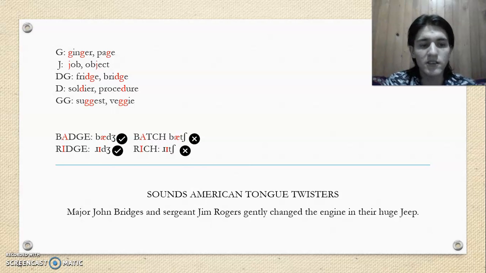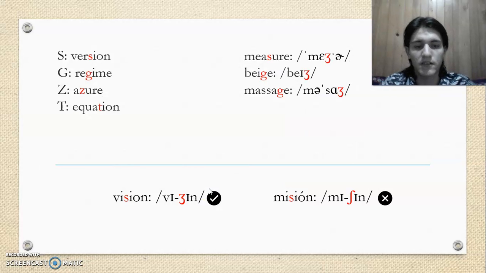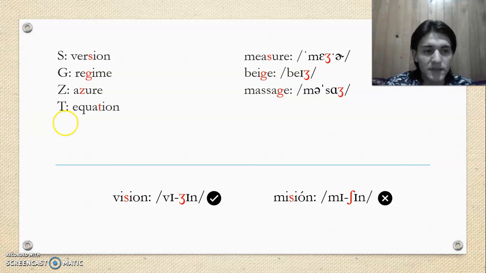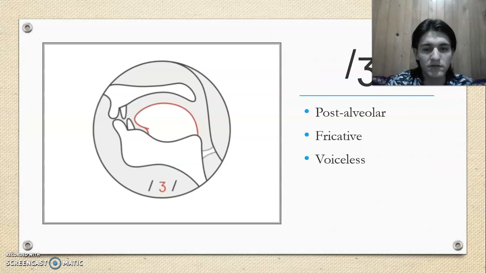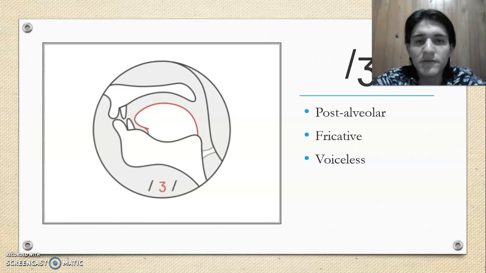Now let's continue with the next consonant sound. There is the z. Well, it is a fricative sound.